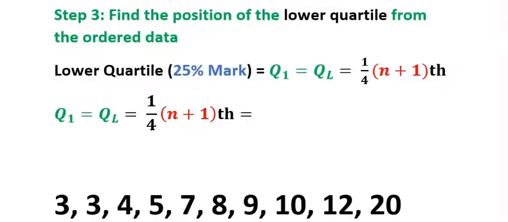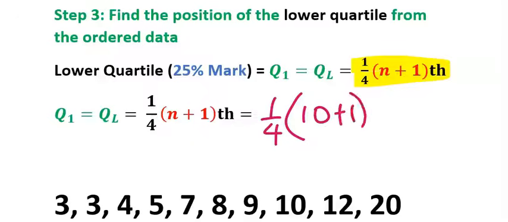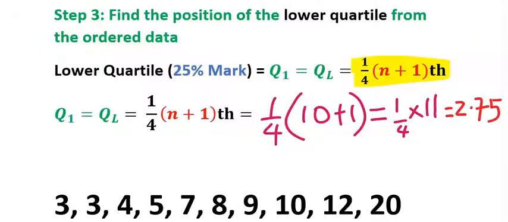Step number 3. Find the position of the lower quartile from the ordered data using this formula. The formula is 1 over 4 in bracket n, which is 10, plus 1. Here we have 1 over 4 multiplied by 11, and our answer is 2.75. 2.75 is not a whole number, hence round it up to the nearest whole number, which is 3.